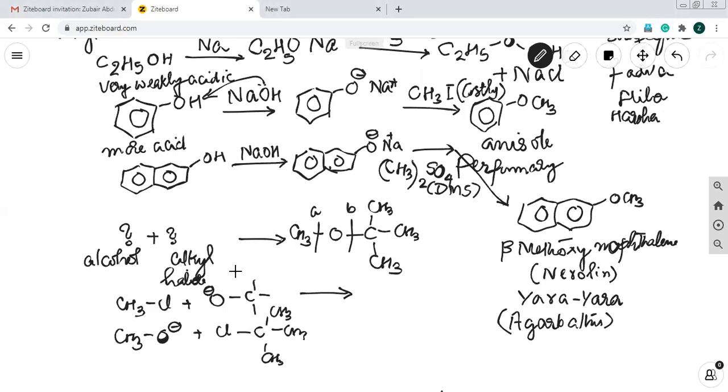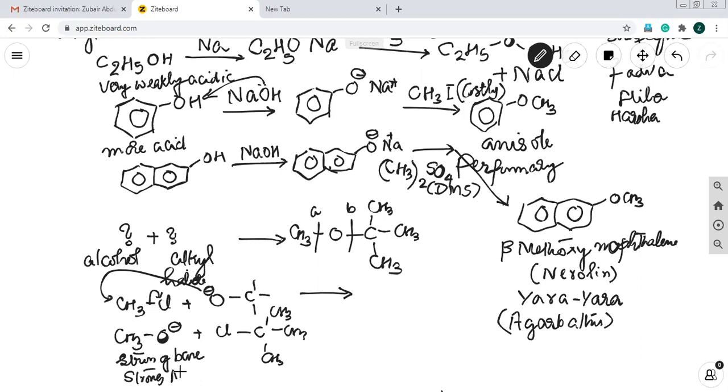Now here is a strong base and a strong nucleophile. This can directly attack here and give you the product. But what about here? Here is a strong base and a strong nucleophile.